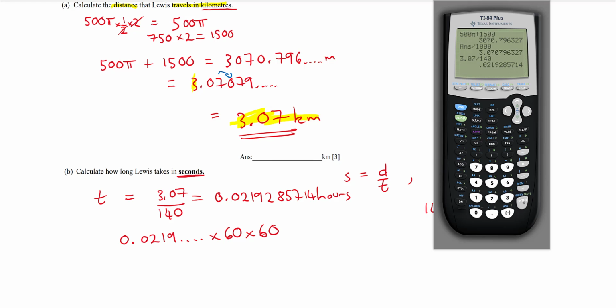So we can just keep that answer on our calculator and times 60 times 60, and that is equal to 78.94, and it goes on there, but we just want to round to 3 significant figures, so we're going to have 78.9, and the answer is in seconds. Okay, so that is question 9.